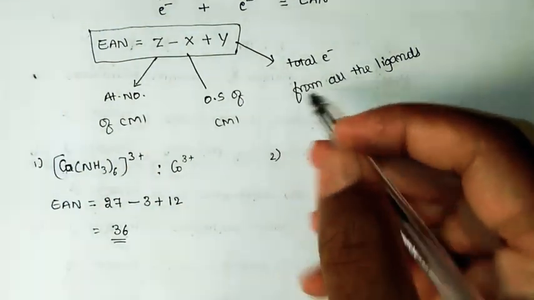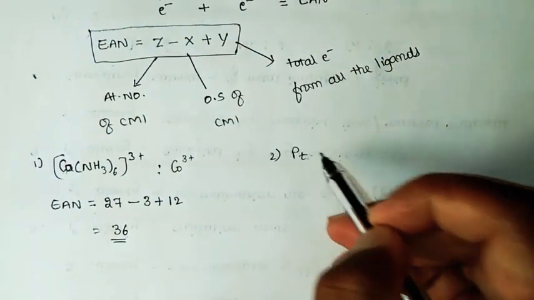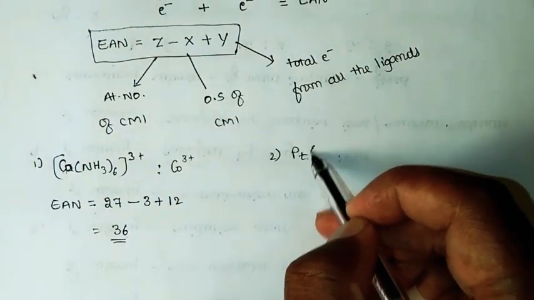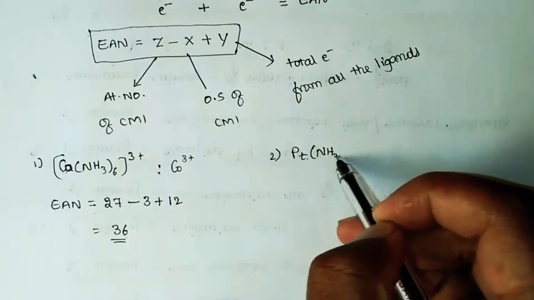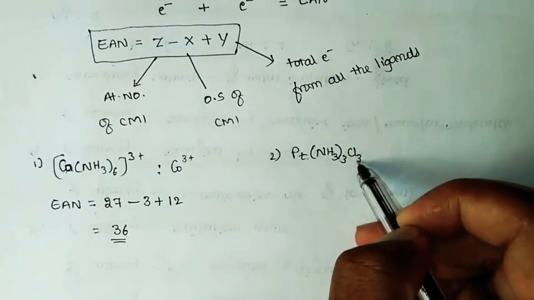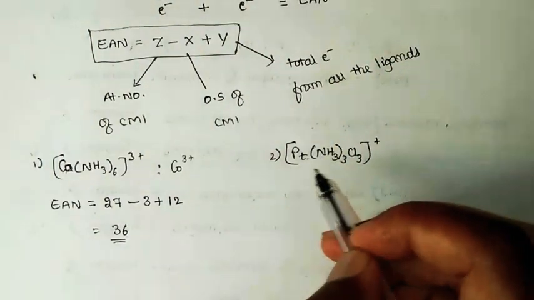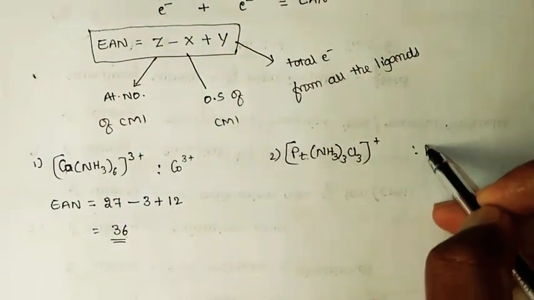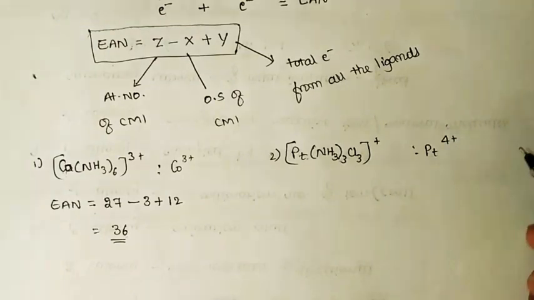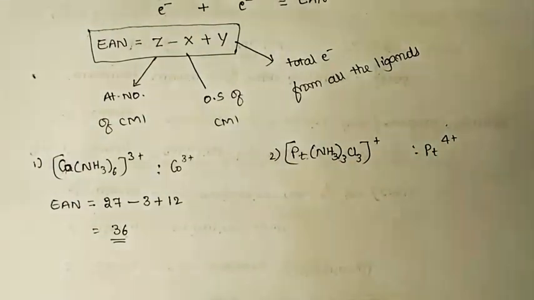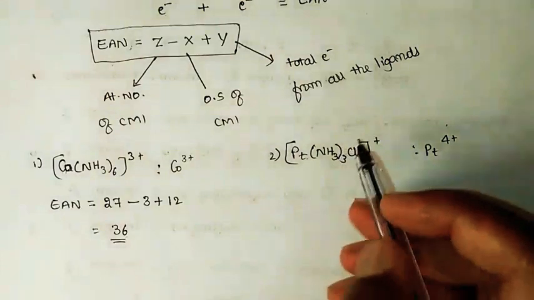Let's consider one more example. Consider one heteroleptic complex, [Pt(NH3)3Cl3]+. So here the platinum is in 4+ oxidation state and the atomic number of platinum is 78.